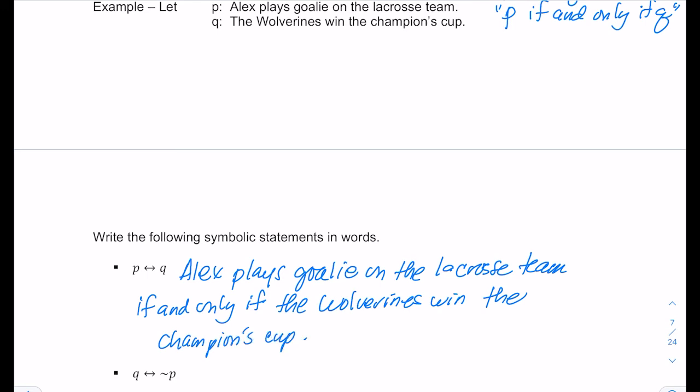So that implies also that the Wolverines win the Champions Cup if and only if Alex plays goalie on the lacrosse team. So again, it has to be true both ways.